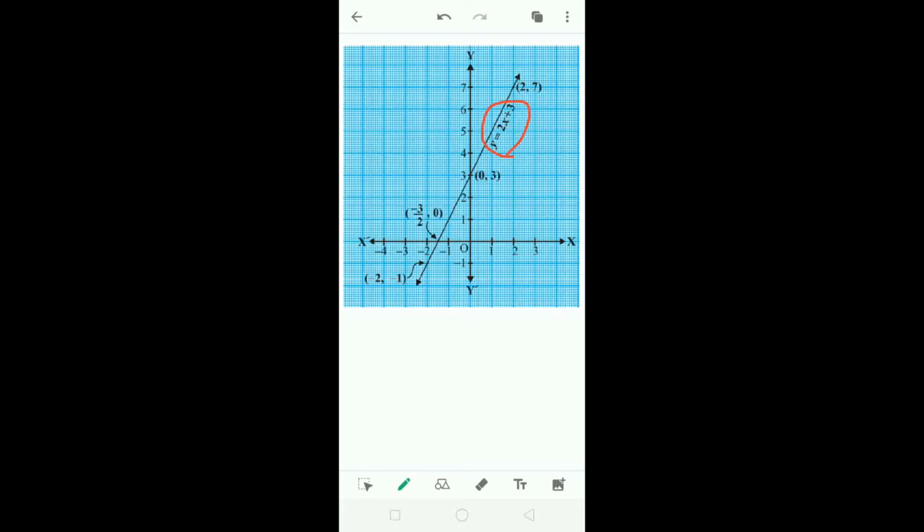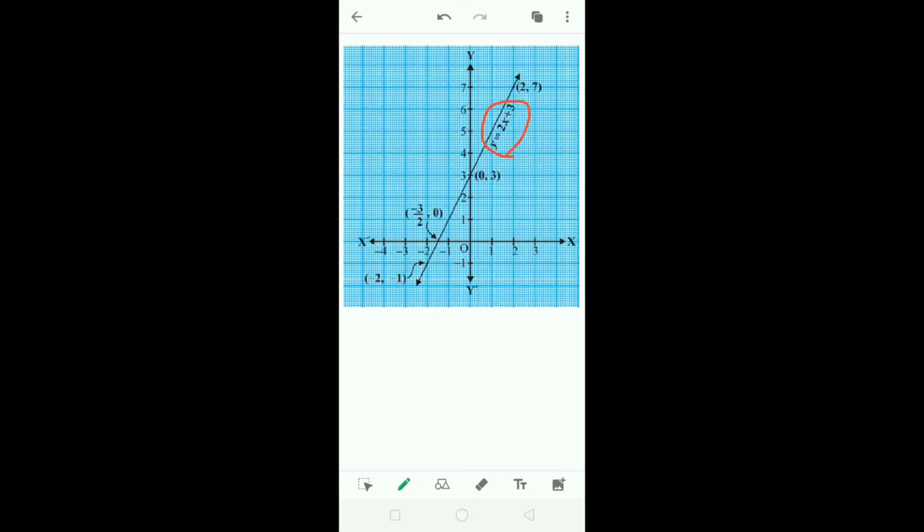Now, how to find the 0 of the polynomial the graphical way, which is very simple. You have to remember only one thing: where the graph intersects the x-axis, that point is the 0 of the polynomial. I told you that for a linear equation we have only 1 zero of the polynomial. Look at the diagram, where the straight line intersects the x-axis, it is clearly shown.